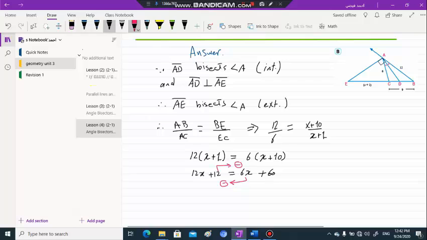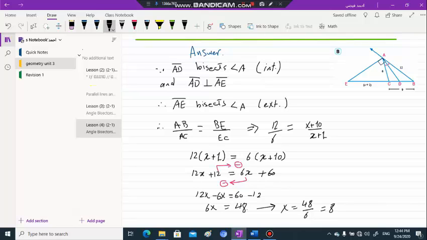So 12x minus 6x equals 60 minus 12. So 6x equals 60 minus 12, which equals 48. So x equals 48 divided by 6, which is 8.